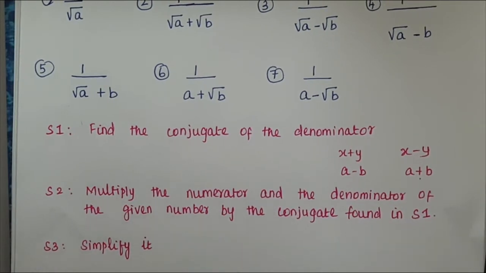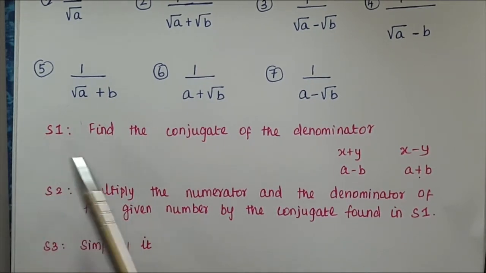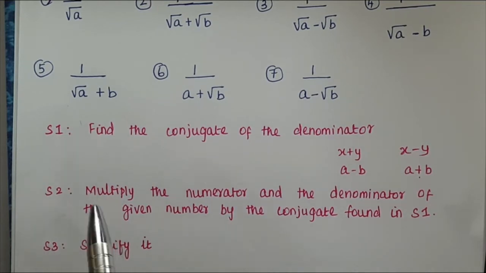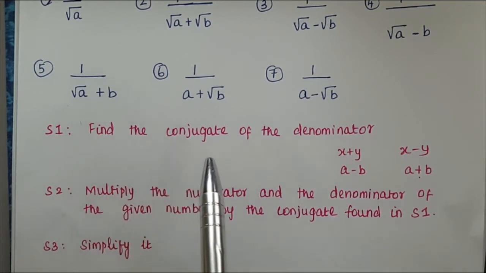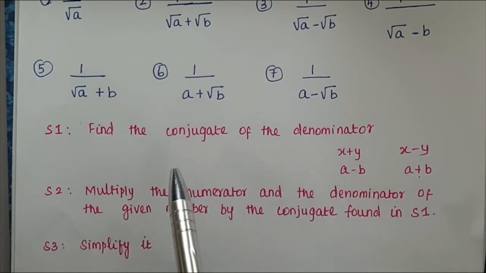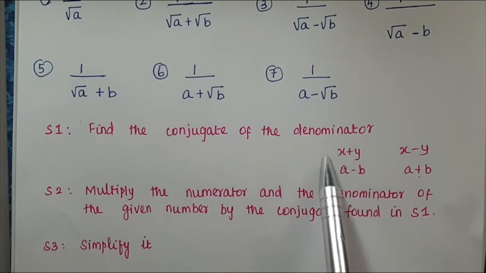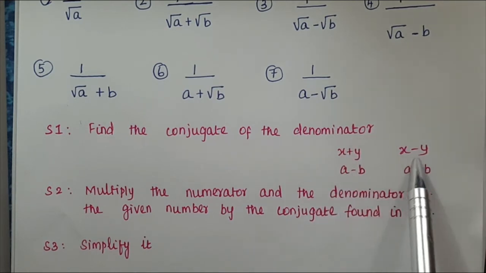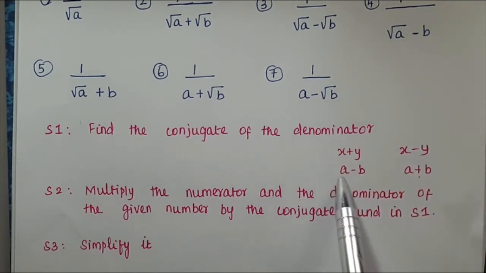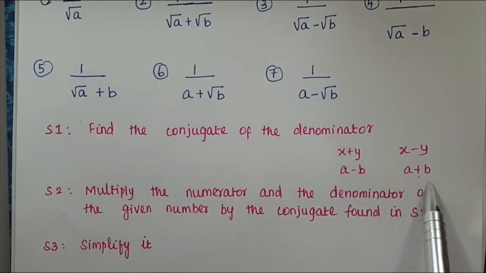Okay, let me discuss the steps. Step 1: find the conjugate of the denominator. Conjugate is nothing but changing the sign between the two terms in a binomial. For example, the conjugate of x plus y is x minus y. Conjugate of a minus b is a plus b.